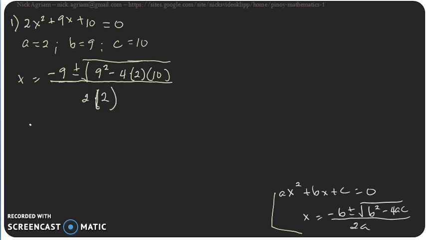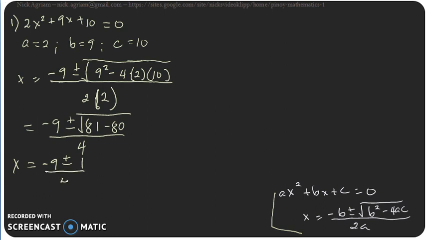So then we have negative 9 plus minus square root of 81 minus 4 times 2 is 8 times 10 is 80, divided by 4. And we have x is negative 9 plus minus square root of 1 is 1, divided by 4.